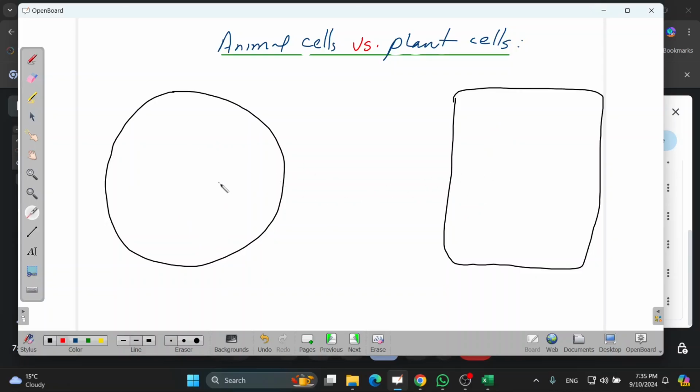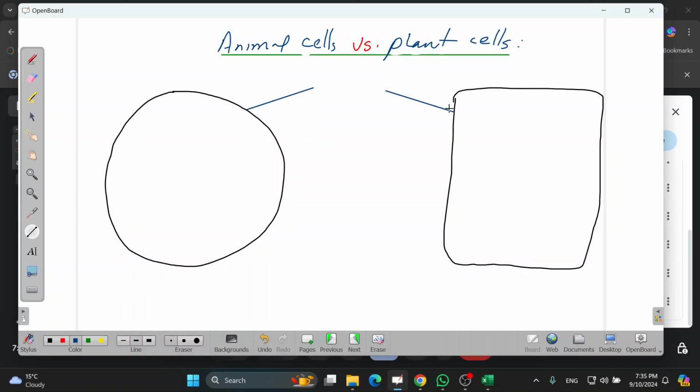But this is kind of a blank drawing so far. So what do they have in common? Number one, this that we see here, guys, kind of the bordering, right?